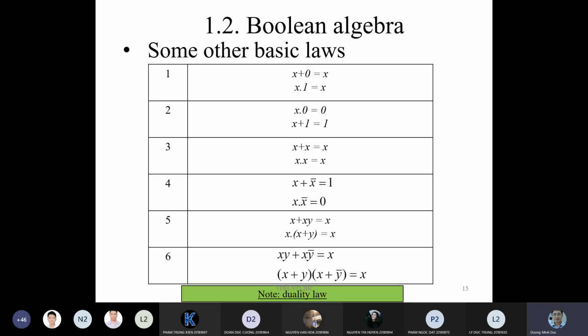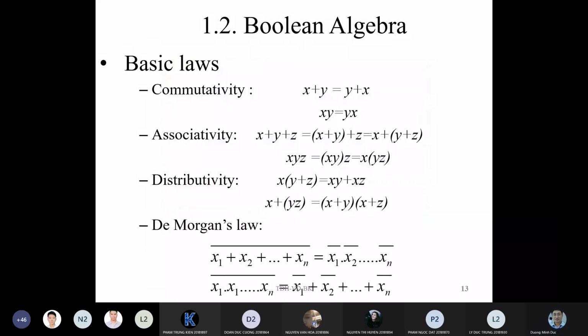And go back to the last slide. Here is also the duality. So plus here is multiply, and multiply is plus.